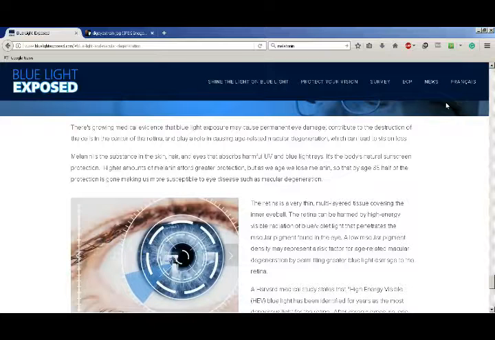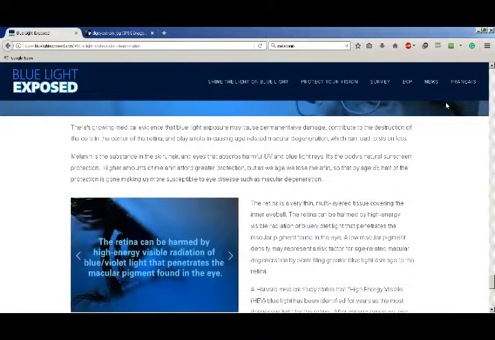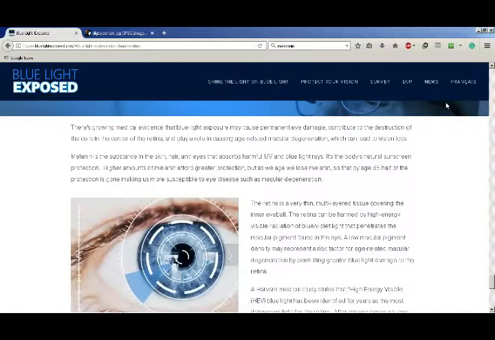It says melanin is a substance in the skin, hair, and eyes that absorbs harmful UV and blue light rays. It's the body's natural sunscreen protection. Higher amounts of melanin afford greater protection, but as we age, we lose melanin, so that by age 65, half of the protection is gone, making us more susceptible to eye disease such as macular degeneration.